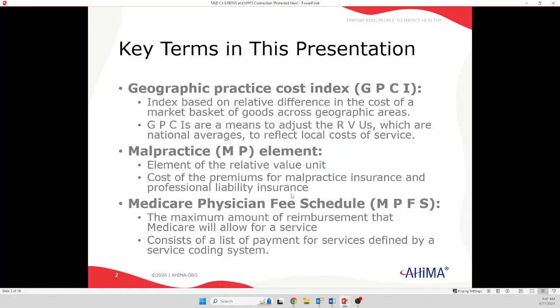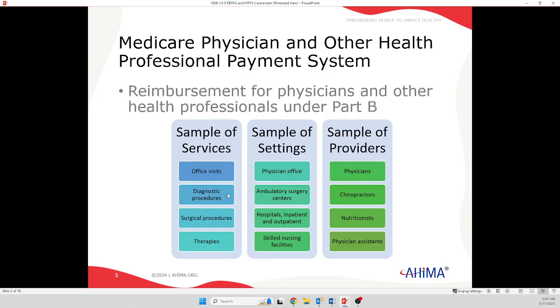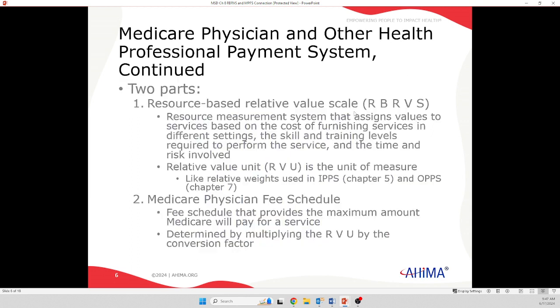so here we go. All these terms, there's our geographic practice cost index, malpractice, our fee schedule, what it is, RVU, there's our RBRVS, services, settings, providers. Again, remember it's under Part B of Medicare. 2 parts.